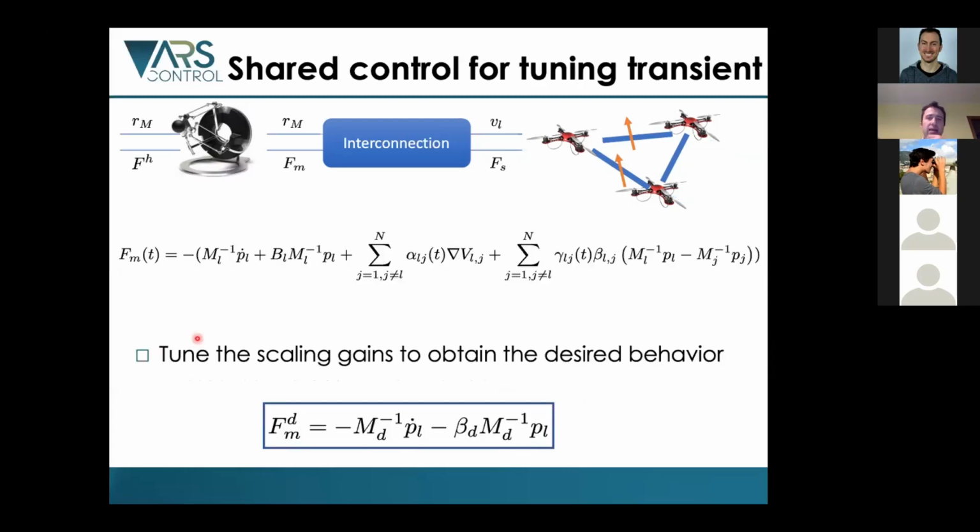Well, it turns out that given a desired force feedback at the master, I can tune, using proper time-varying gains and exploiting energy tanks, the interconnection of the leader with the other robots in order to minimize the distance between the desired force and the force that is really fed back to the user.